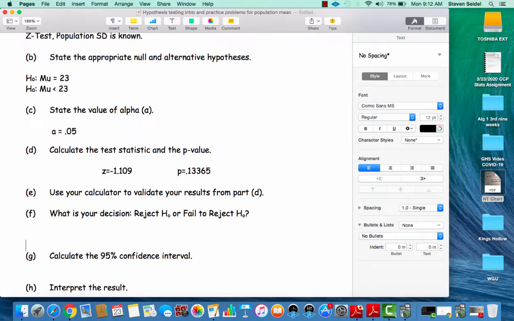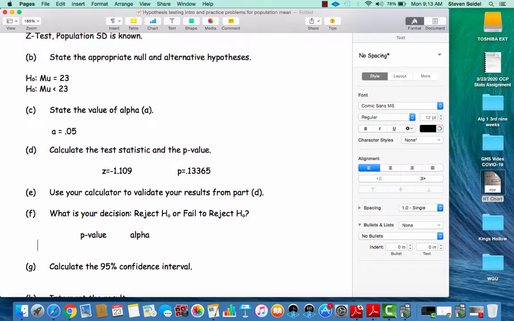Now, here's how I usually set this up. Here's p-value, and then here is our alpha. Our p-value is 0.13365. Sorry, I got some kids screaming in the background. Then we got 0.05 as our alpha.